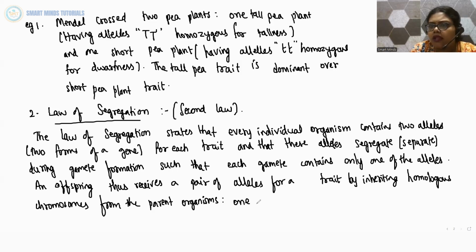That is one allele for each trait from each parent.